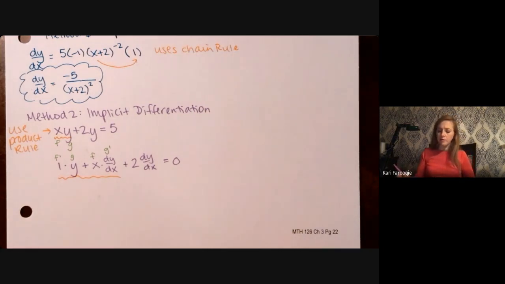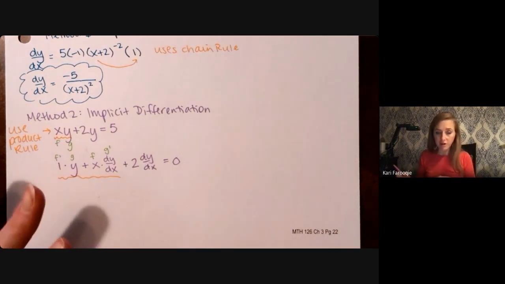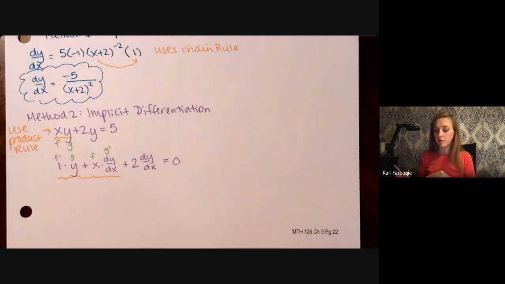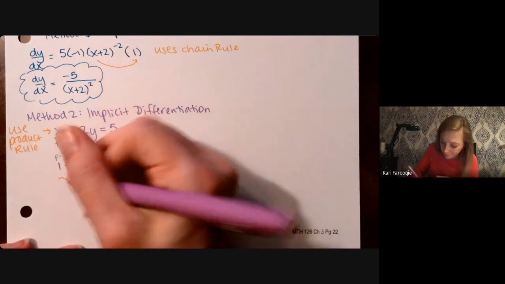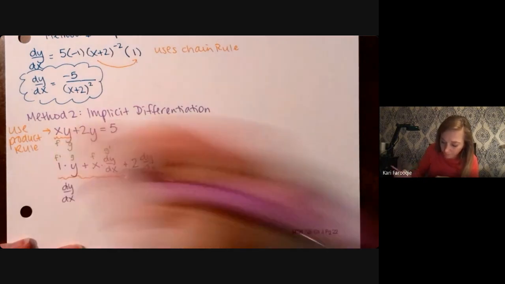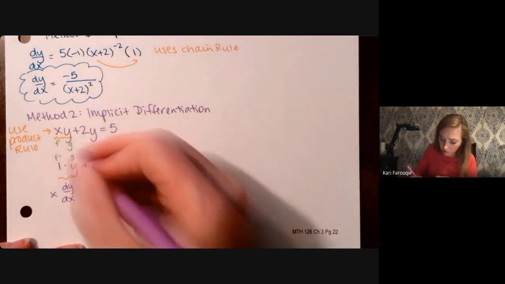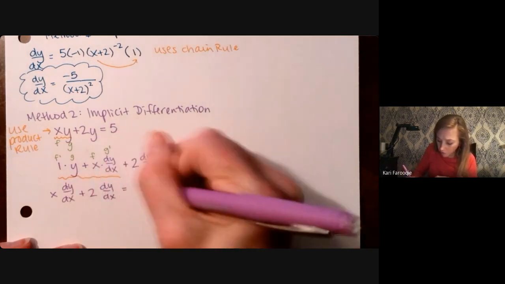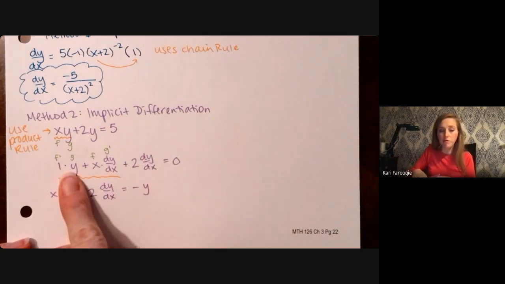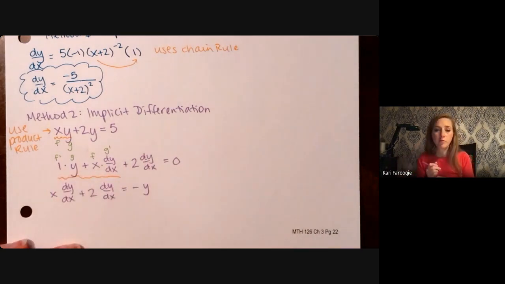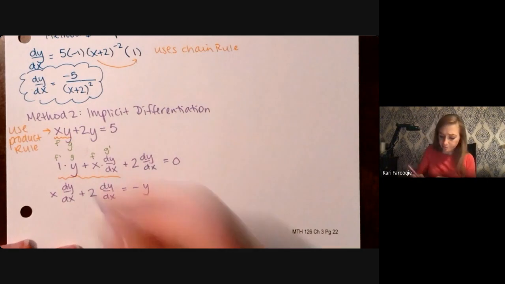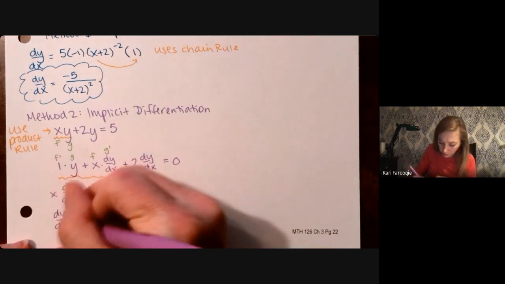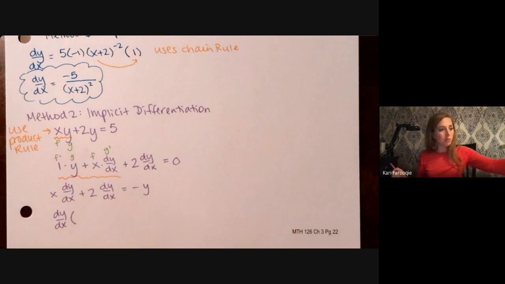Okay. Now, remember, we have to solve for dy dx. In order to solve for dy dx, I want all the dy dx terms on one side and all the non-dy dx's on the other side. So I have x dy dx plus 2 dy dx equals, and then I'm going to move this y term. I'm going to subtract it off of both sides and move it to the right. Okay, so now I have dy dx times, and this is where I'm going to factor.